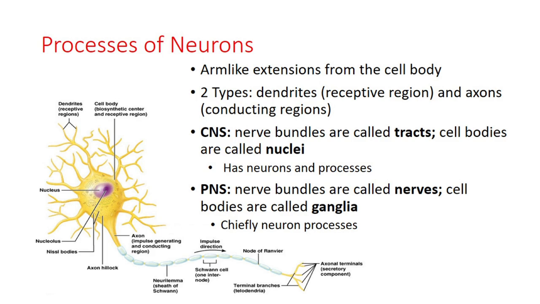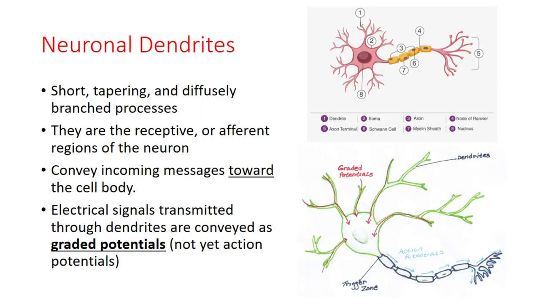So we have a little bit of different terminology there. Now, as we learn about the neurons, we're going to stay chiefly with dendrites and axons initially, dendrites being our receptive region, and axons being our conducting region. So let's look at neuronal dendrites a little more. Now, they're short, tapering, and diffusely branched processes. We know they're the receptive region.